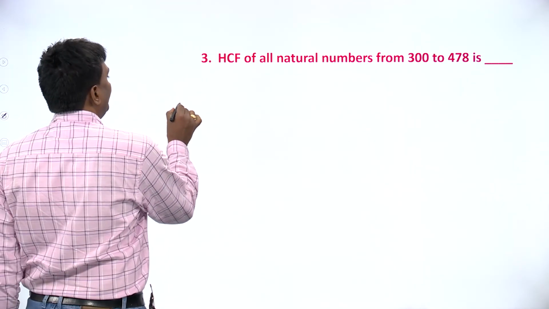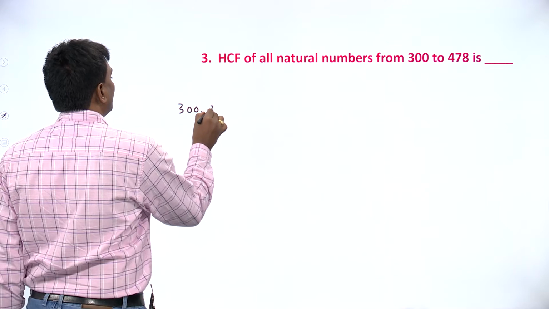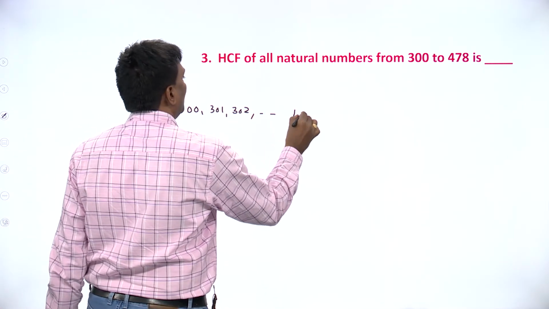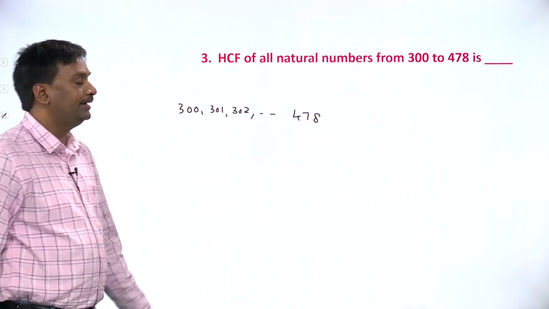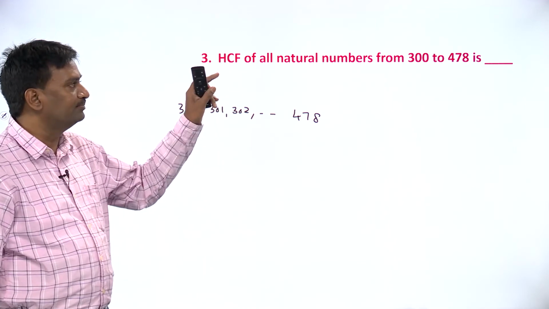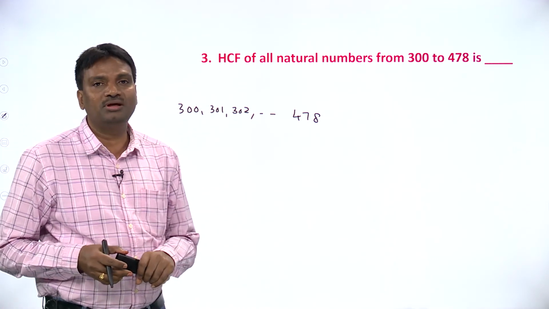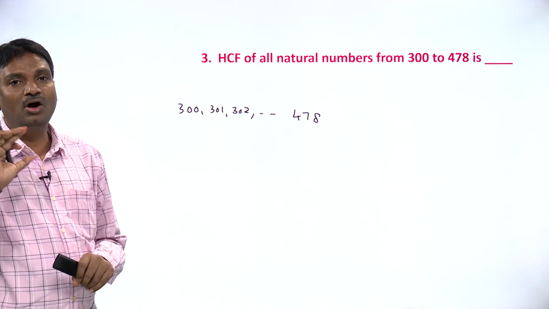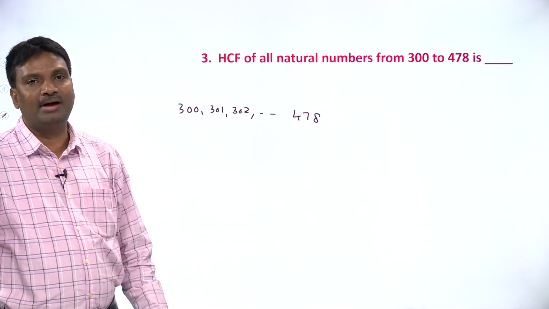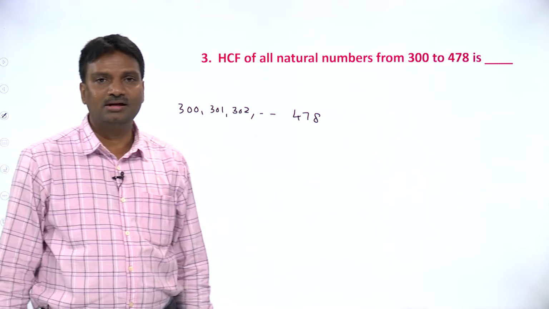If you write all the numbers: 300, 301, 302, and so on up to 478. The total count of numbers is b minus a plus 1.